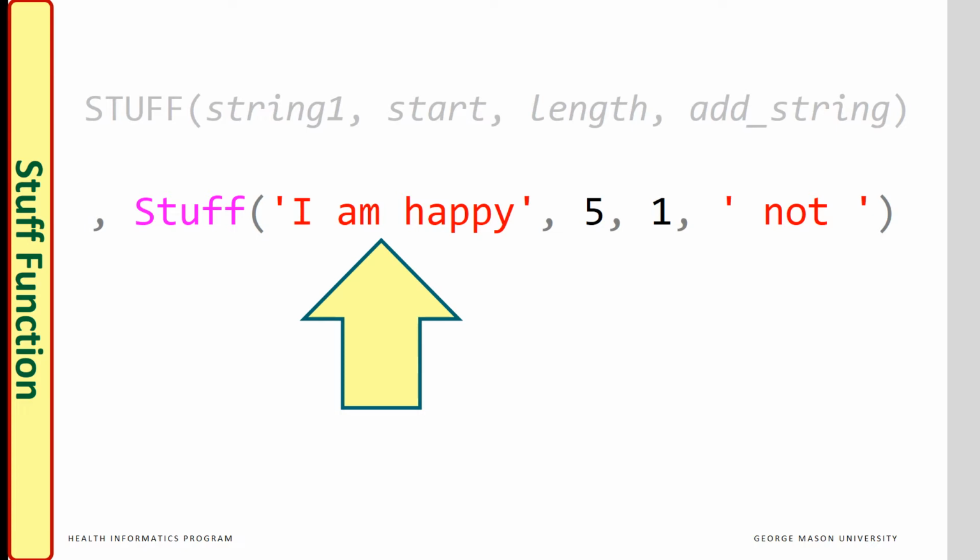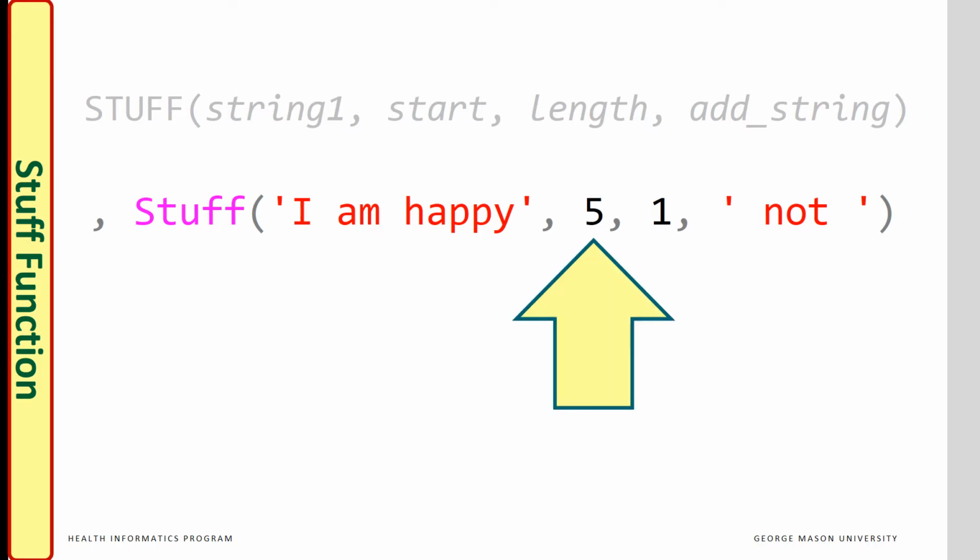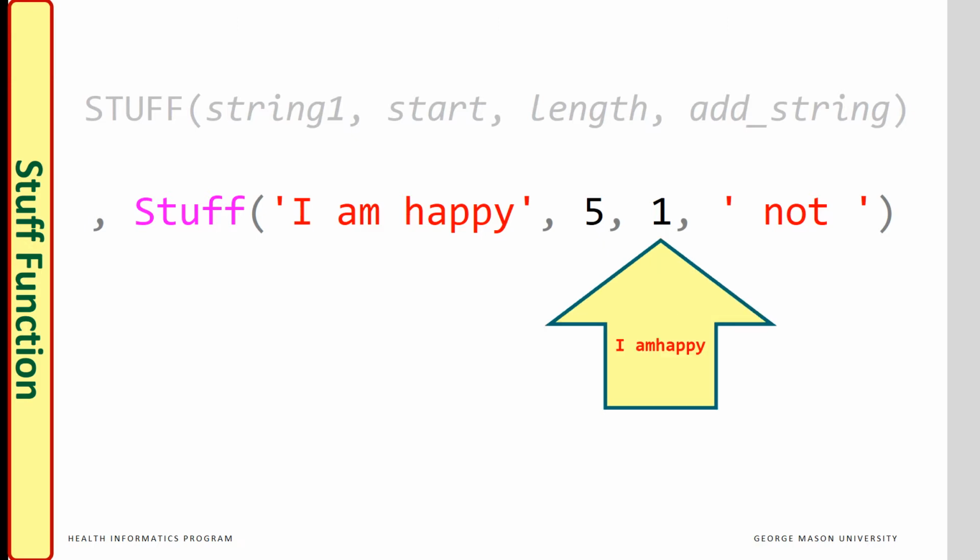Here is an example. We start with the string "I am happy." The fifth character is the space between "am" and "happy." We want to delete one character starting with the space. So essentially, we just want to delete the space between "am" and "happy."